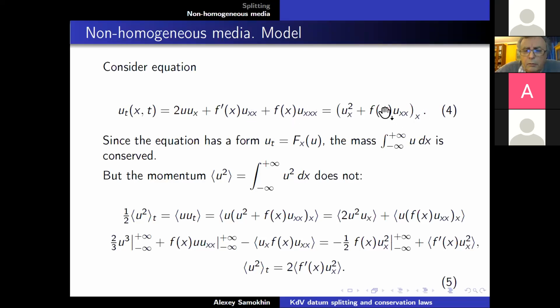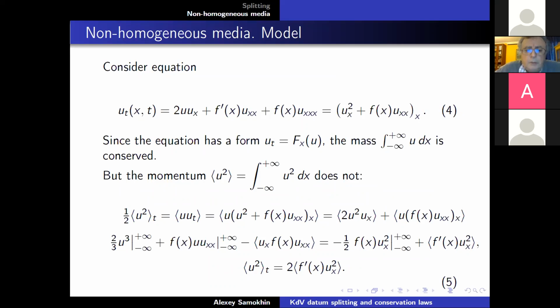It is a full differentiation of this form. This equation has a form of conservation law. Therefore, the mass is conserved for solutions of this equation. But the momentum does not.